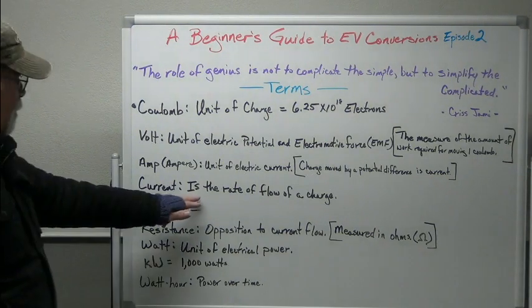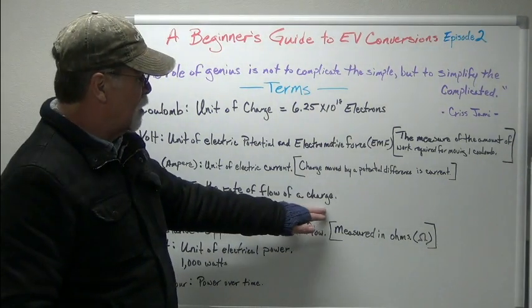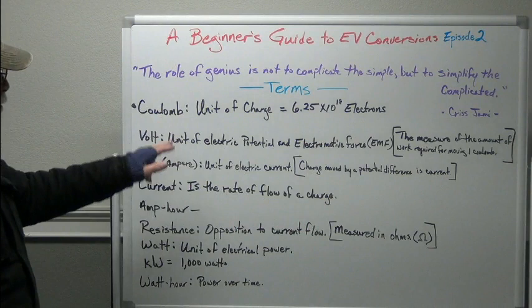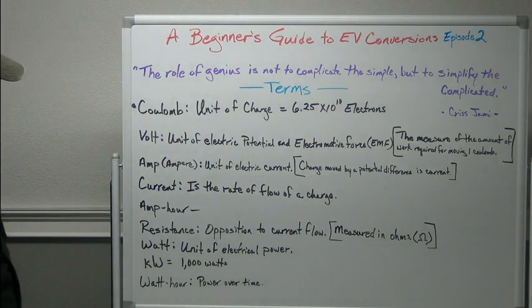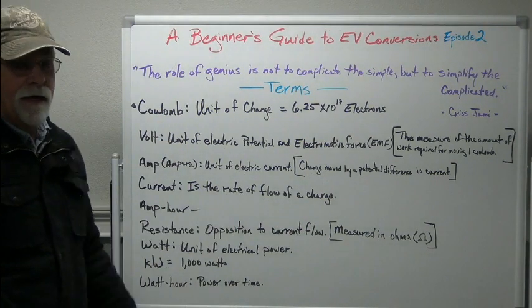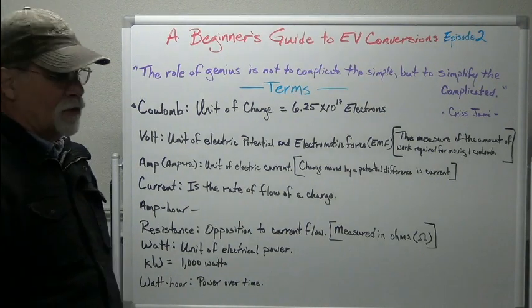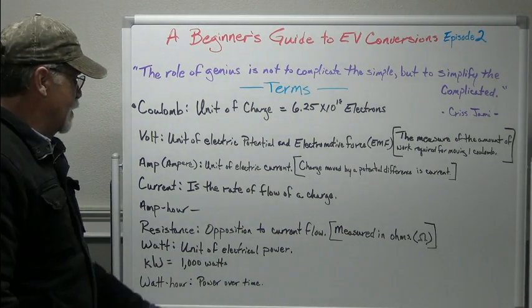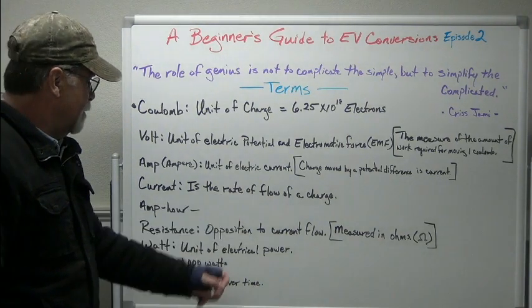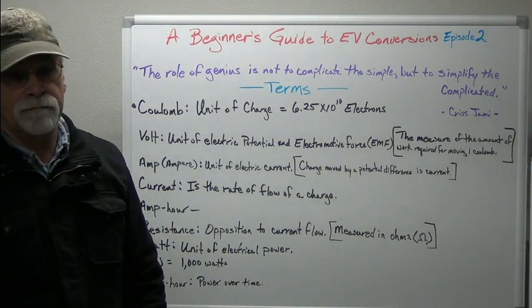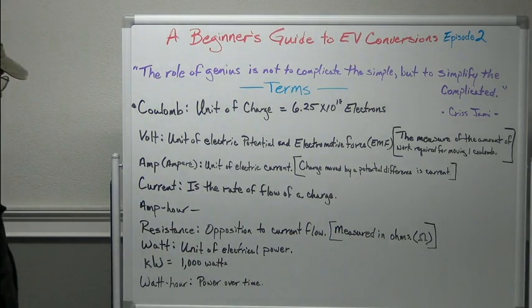And so current is the rate of flow of a charge. Again, we're coming back to that charge always. Amp hour is another term that you'll hear, and it's basically current over time. How much is going to go past a specific point in an hour, in this case, amp hour.